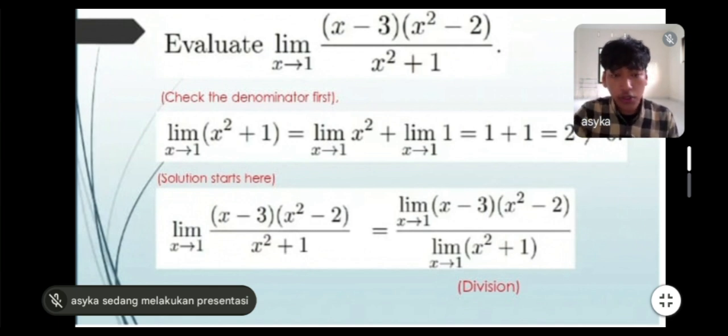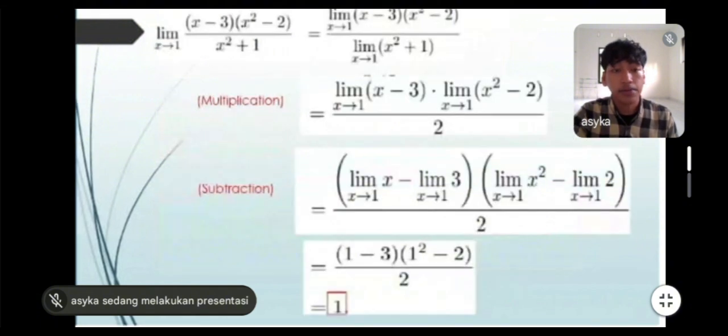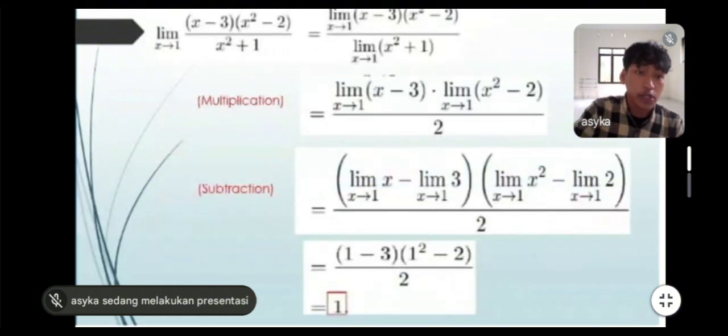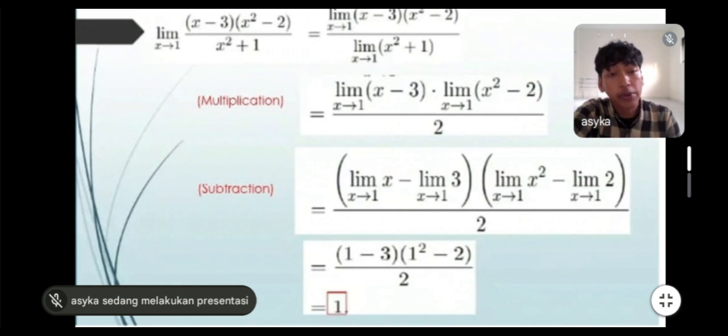We will use the division theorem. The limit as x approaches 1 of (x minus 3) times (x squared minus 2) over (x squared plus 1) equals the limit as x approaches 1 of (x minus 3) times (x squared minus 2), over the limit as x approaches 1 of x squared plus 1.